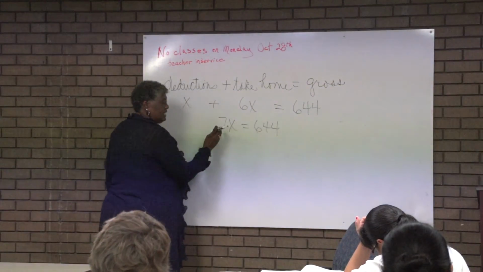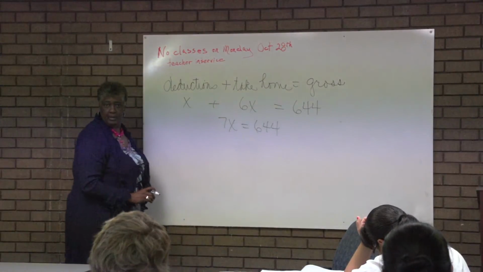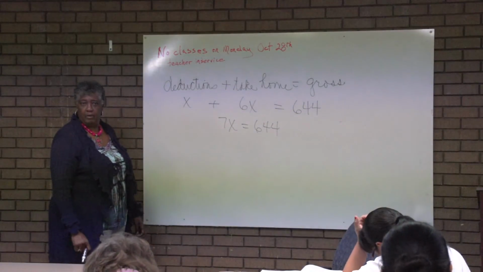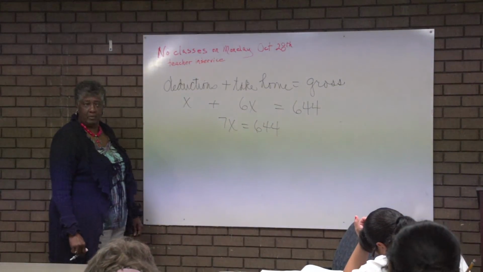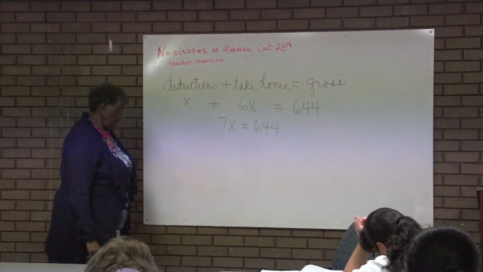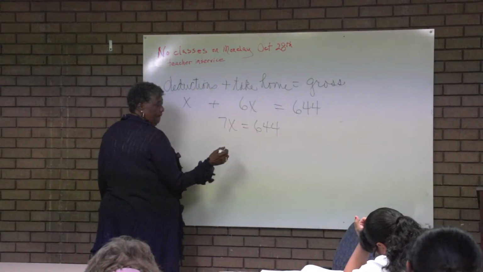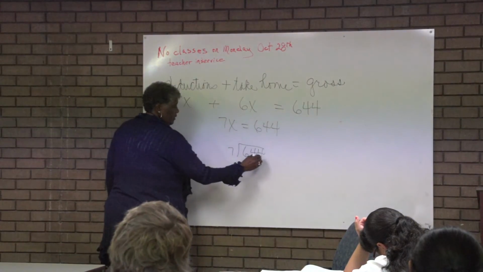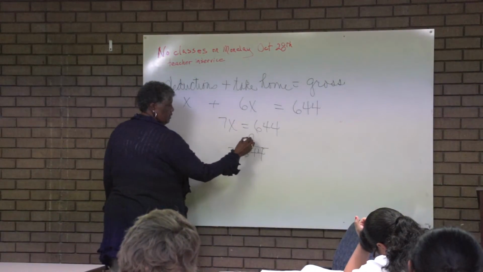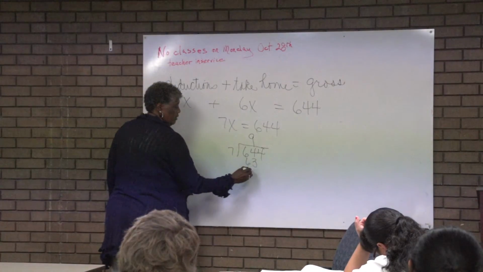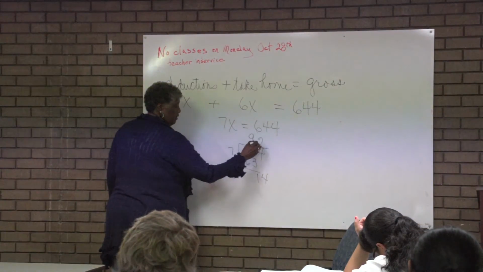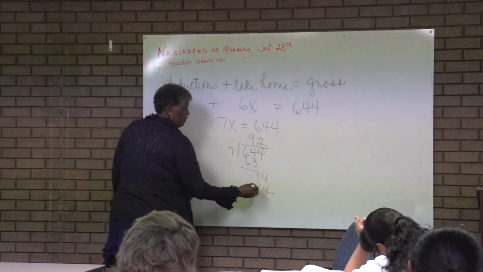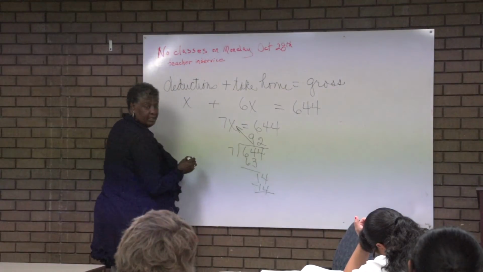So we're saying 7 times some number gives us 644. How are we going to find out what that number is? Divide 7 into 644. So this number has to be 92, right?